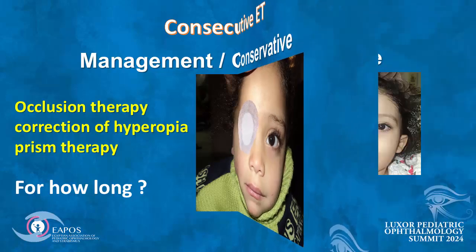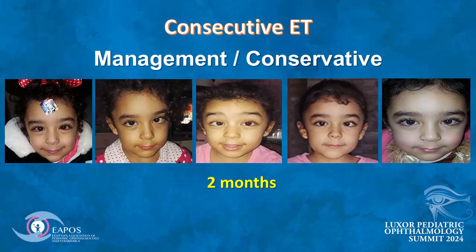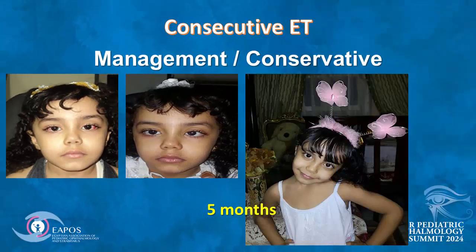For how long? Many cases show a spontaneous recovery after 1 month, like this girl. Other cases show a spontaneous recovery after 2 months, like this child, 4 months, like this child, and lastly, after 5 months, like this child.